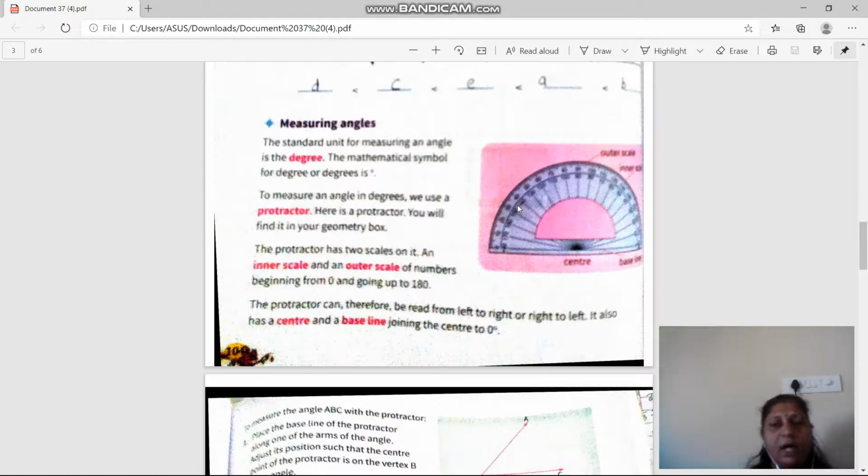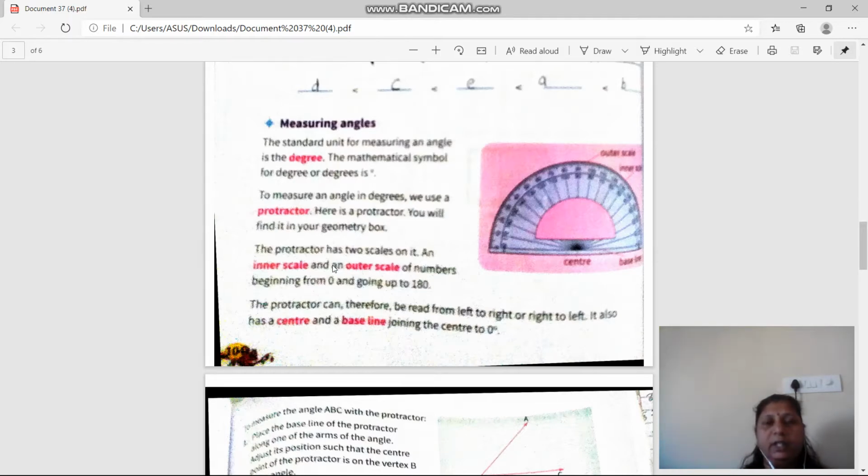Otherwise, if you have a protractor in your geometry box, you can see it. You have to purchase it, the protractor. Otherwise you can take the complete geometry set. Don't bring the geometry box, the set only is very cheap. In that set we get the scale, two set squares and the protractor. It is necessary to measure the angle.